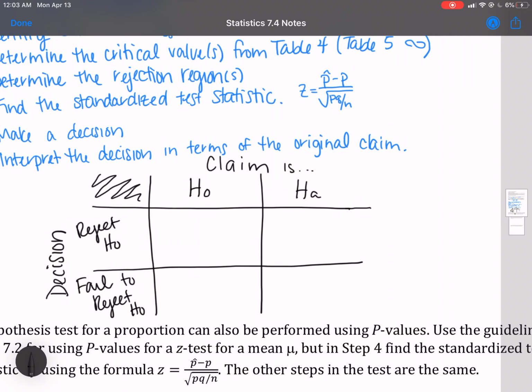So if we reject our null hypothesis, automatically that means there is enough evidence. If you fail to reject, that means there is not enough.